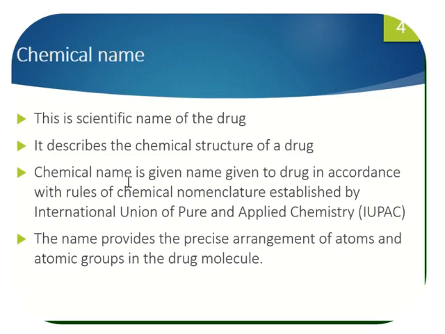The chemical name is given in accordance with the rules of nomenclature established by the IUPAC. I'm sure you will remember, we told you about it. This name provides the precise arrangement of atoms and atomic groups in the drug molecule.